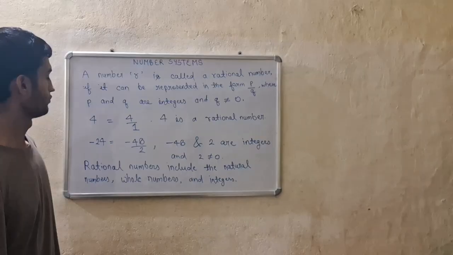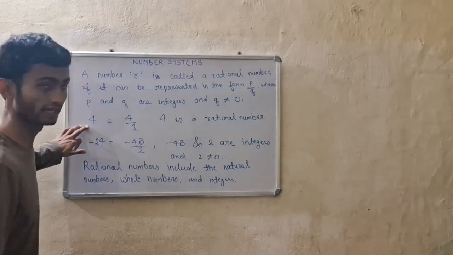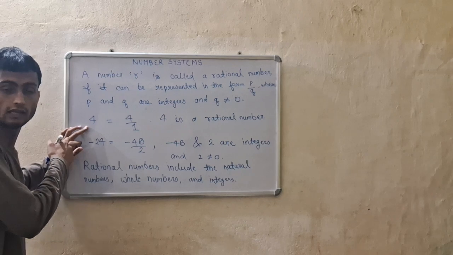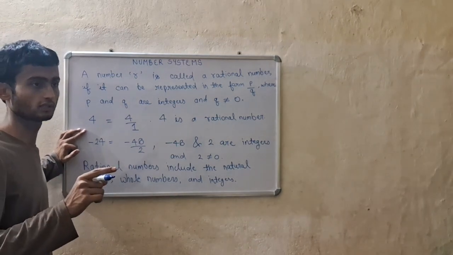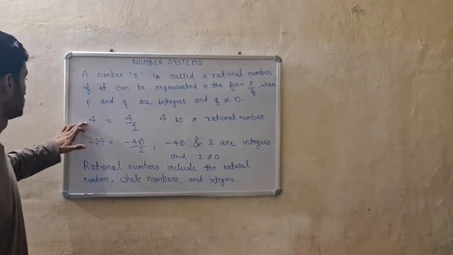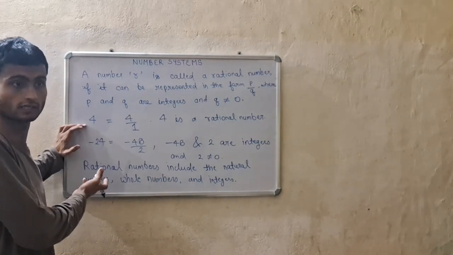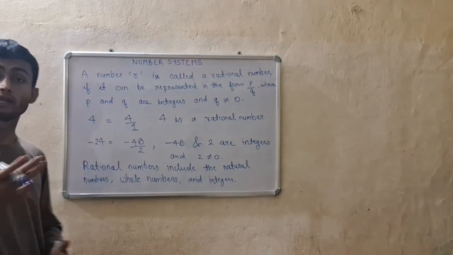So what should you say if someone asks whether minus 4 is an integer or a natural number? First of all, that type of question one wouldn't ask. And if someone asks, you can say that 4 is a natural number. Yes, it is. 4 is a whole number. It is. 4 is an integer. It is. And 4 is also a rational number.